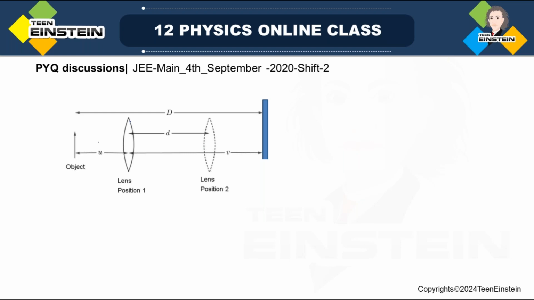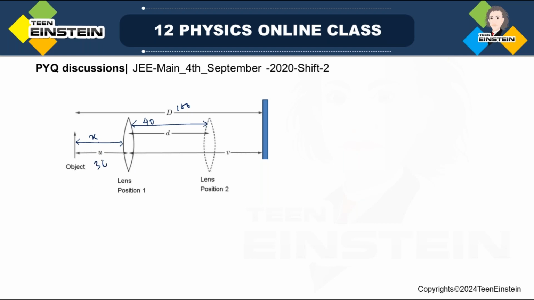Now this distance is actually 40, and this distance is actually 100, right? And if I say this distance is x, this distance is x. Let me just take some arbitrary number.